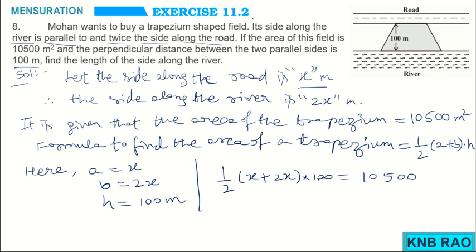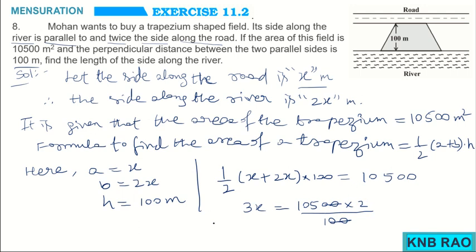Now this 100 which is multiplying is transposed to the other side, where it divides. This 2 which is dividing, when it is transposed to the other side, it multiplies. Therefore x plus x is 3x, which is equal to 10,500 into 2 upon 100. These two zeros will cancel with the two zeros of the 10,500.